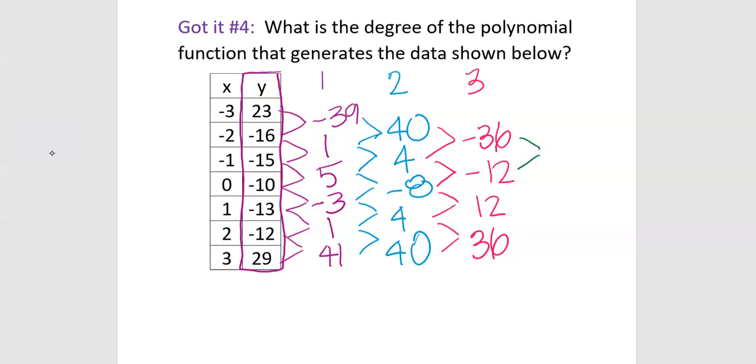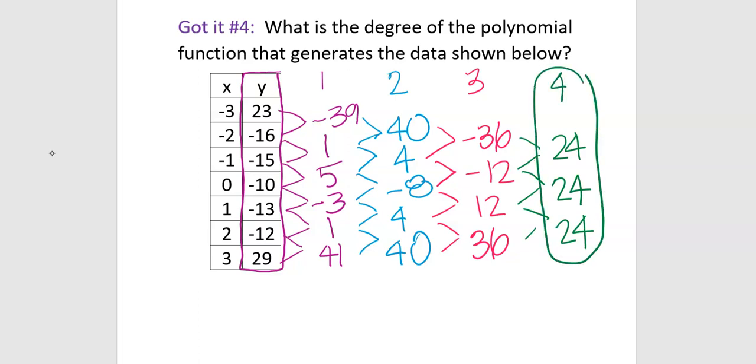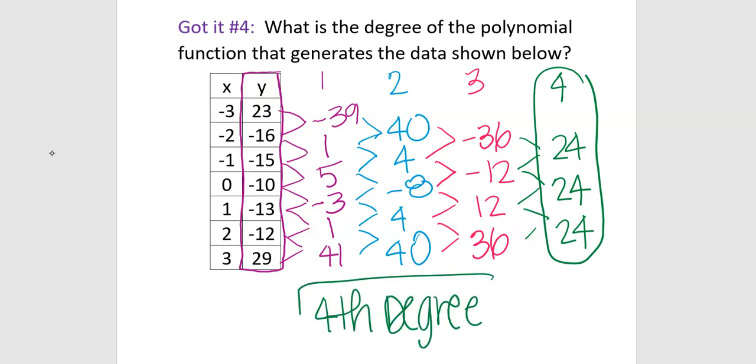Negative 12 plus 36 would be 24. 12 subtract negative 12 would be 24. 36 subtract 12 gives you 24. So the degree that generates this data right here would be fourth degree.